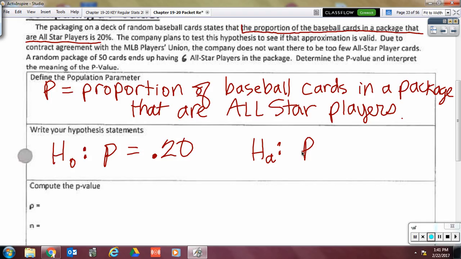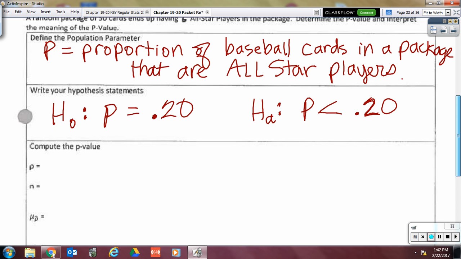The MLB Players Union does not want there to be too few all-star players. So they are worried that there might be too few. Do you have evidence that people are getting screwed over and not getting enough all-star players? That's what we have to check and see. Is there false advertising happening? Okay, all right, moving on.